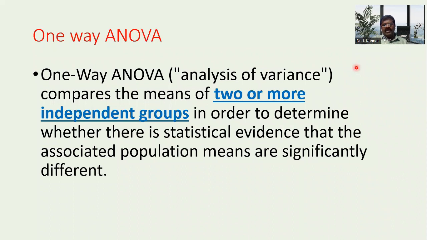One-way ANOVA compares the mean of 2 or more independent groups. You will have one independent variable and one dependent variable, and the independent variable will have 3 groups, 4 groups, like that. We perform the one-way ANOVA and find the significance of the difference.